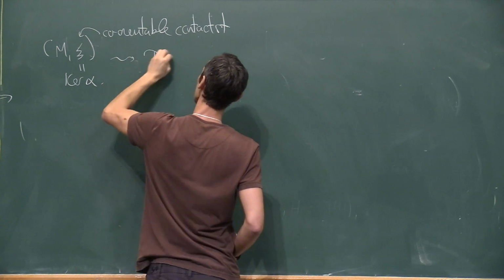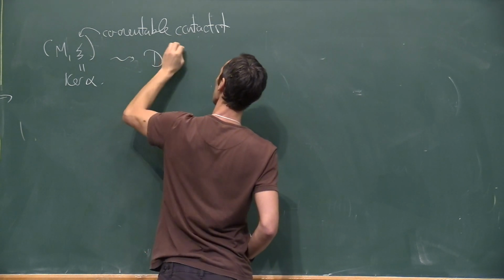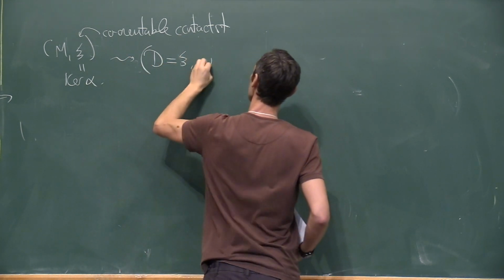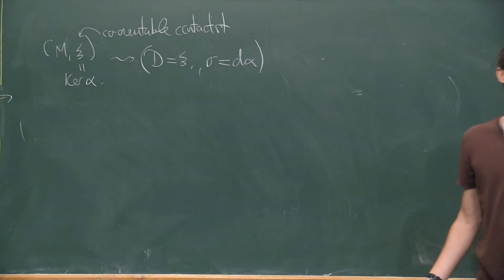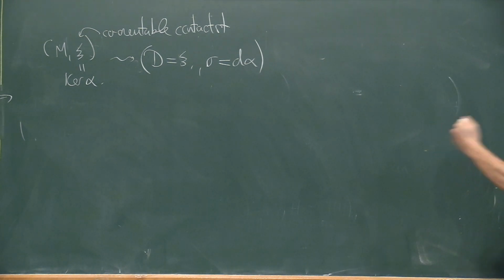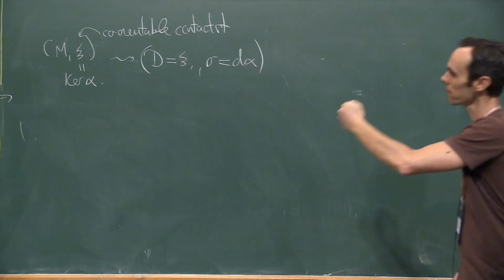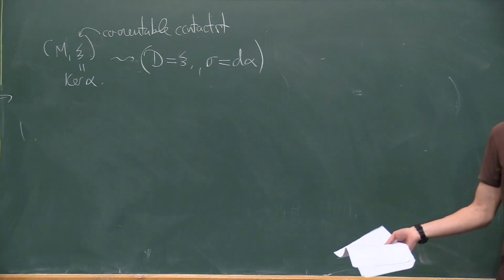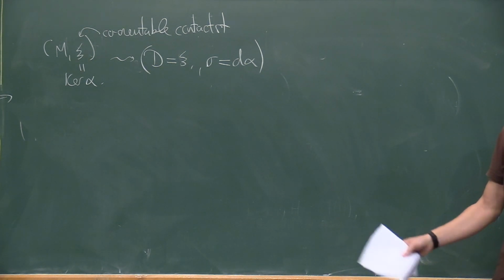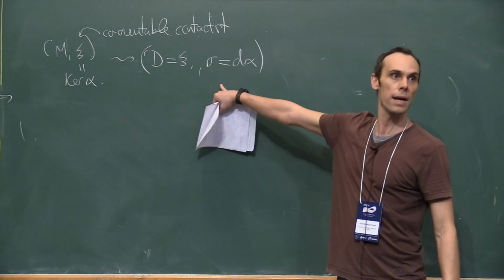Then D equals xi and sigma equals d alpha is exactly an almost contact structure. So any contact manifold produces for you an almost contact structure. If you were studying the opposite problem, when a given manifold of odd dimension supports a contact structure, you had better have one of these.